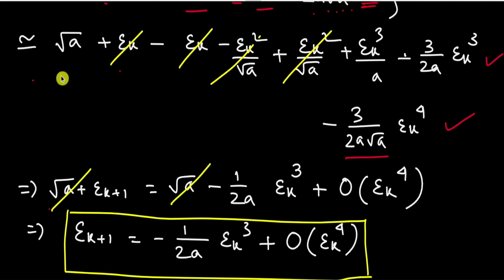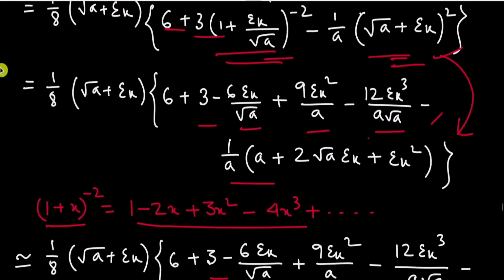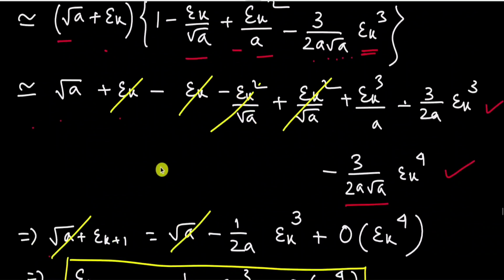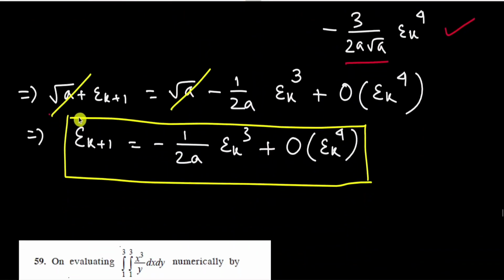This is the left hand side, starting from x(k+1), that is root a plus epsilon(k+1). Therefore root a plus epsilon(k+1) is equal to the terms on the right side, root a minus 1 by 2a epsilon k cube plus order of epsilon k to the power 4.